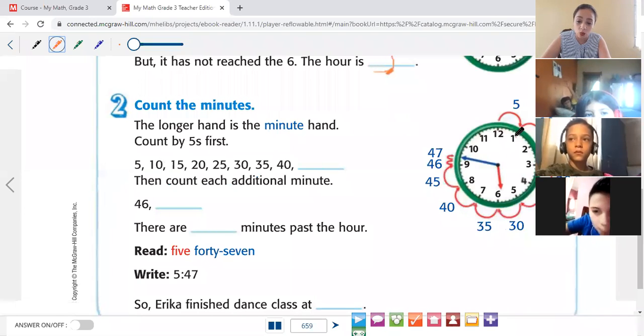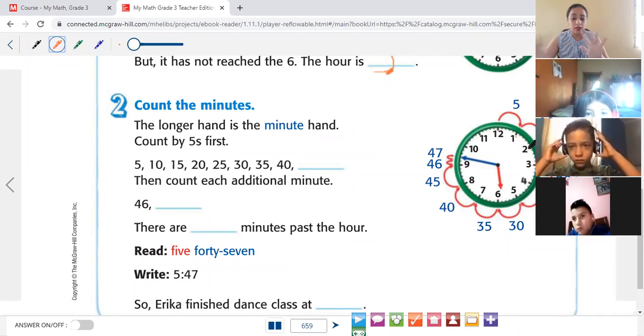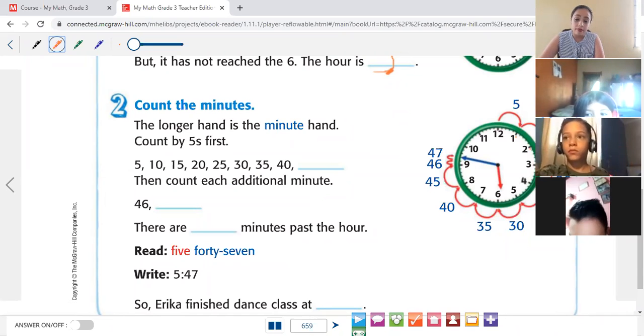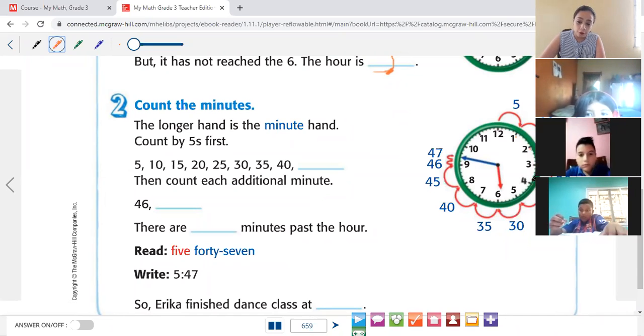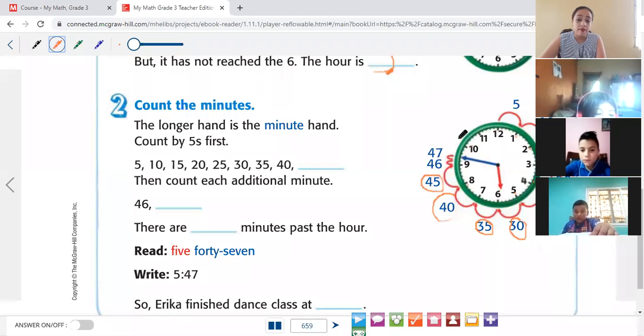So that means that 1, 5 minutes have passed. 2, 10 minutes have passed. 3, 15 minutes have passed. 4 means 20. 5, 25 minutes have passed. 6, 30 minutes have passed. 7, 35 minutes. 8, 40 minutes. 9, 45 minutes. 10, 50 minutes. 11, 55 minutes.